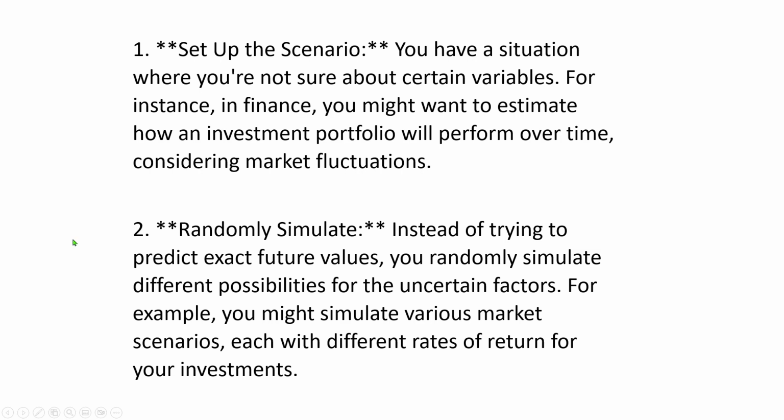Second, randomly simulate. Instead of trying to predict exact future values, you randomly simulate different possibilities for the uncertain factors. For example, you might simulate various market scenarios, each with different rates of return for your investments.